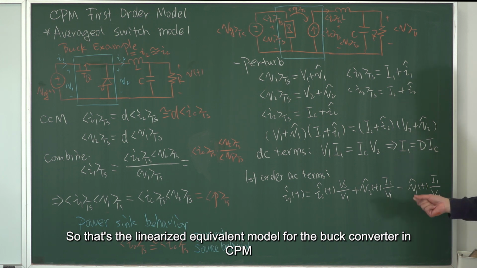So that's the linearized equivalent model for the buck converter in CPM.